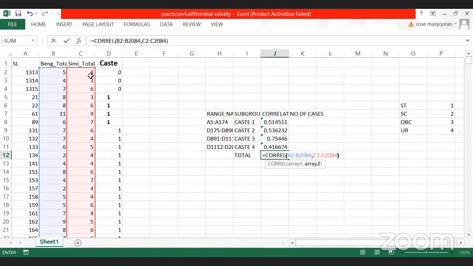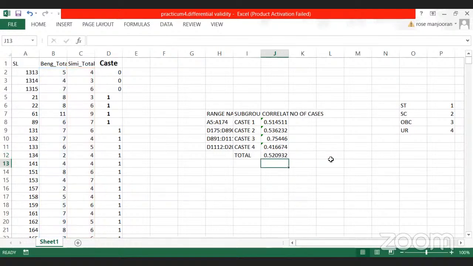So what we are doing here is selecting the total. That means we are selecting the Bengali total score and similarity total score completely and finding the total correlation of Bengali score and similarity score. So we have typed like this, then enter. You will get the total correlation.